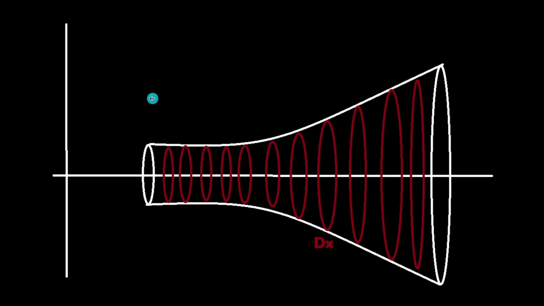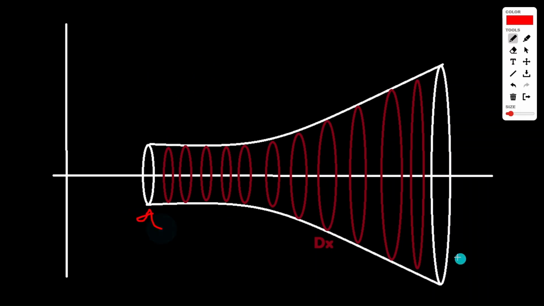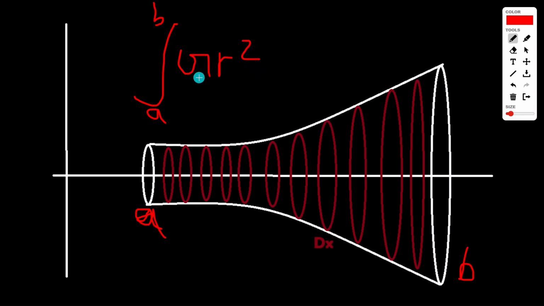Let's say this is a, this is b. So we're going to integrate the area of the circle from a to b, which is going to be pi r squared. And what is our r? So r.